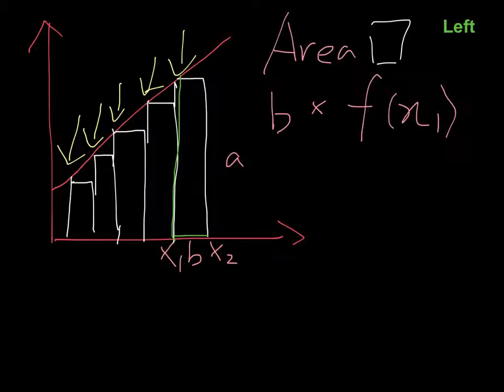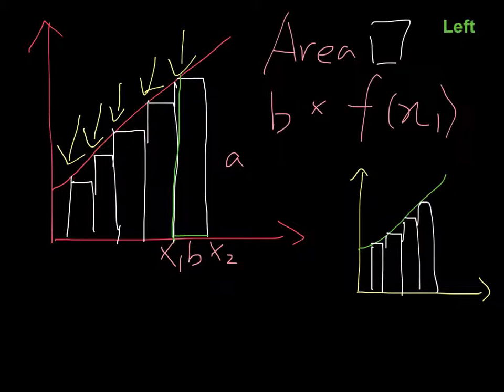If we look closely into the graph, we will find out our approximation is actually an underestimate. Why? Because the graph is strictly increasing. So I have another graph right here, it's also strictly increasing. You will find out that all the left point rectangles that we have drawn are always below the curve, which means that the sum of all the rectangles will always be smaller than the exact area under the curve.